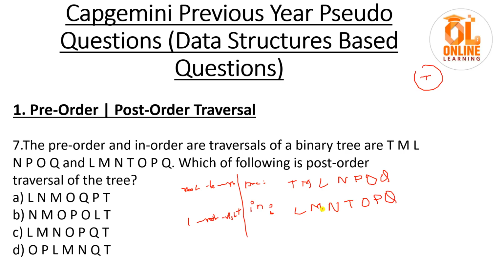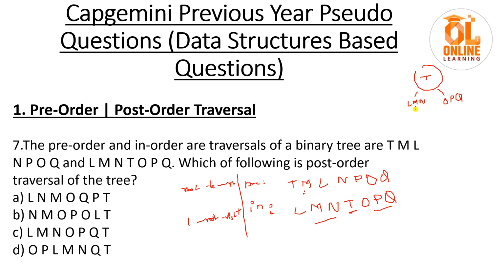So the elements before the root in the in-order will be the left subtree, and the elements after will be the right subtree. So LMN will be the left and OPQ will be the right. From LMN, one will be the root, that is a parent node. In the pre-order traversal, M is visited first, which means M should be the root.